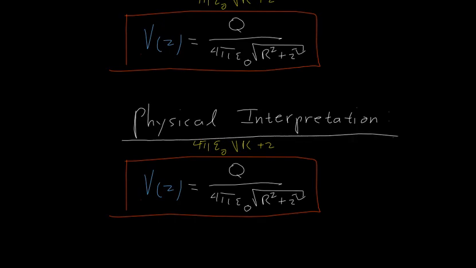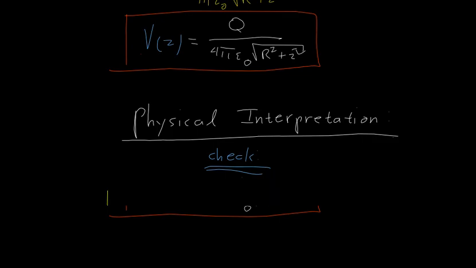Okay, the physical interpretation is we need to check the following. Number one, we need to check when our little z is much greater than capital R. What that means is that the ring looks like a point charge from a very far distance.